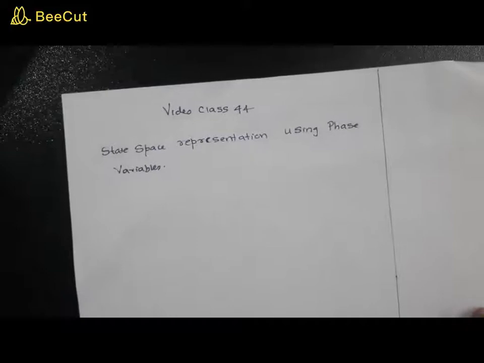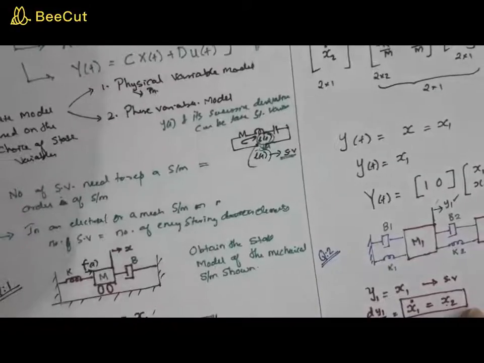Now let's move on to the second type of state model, which is the phase variable model.